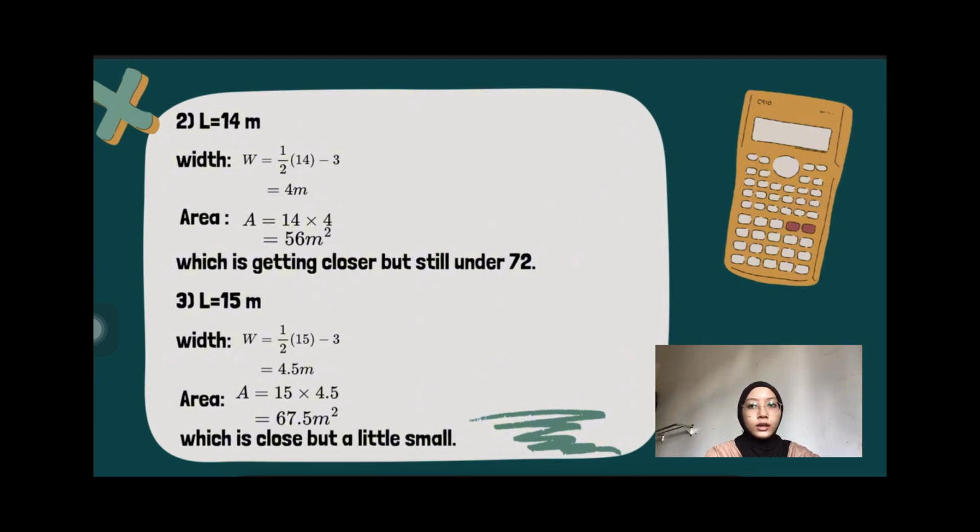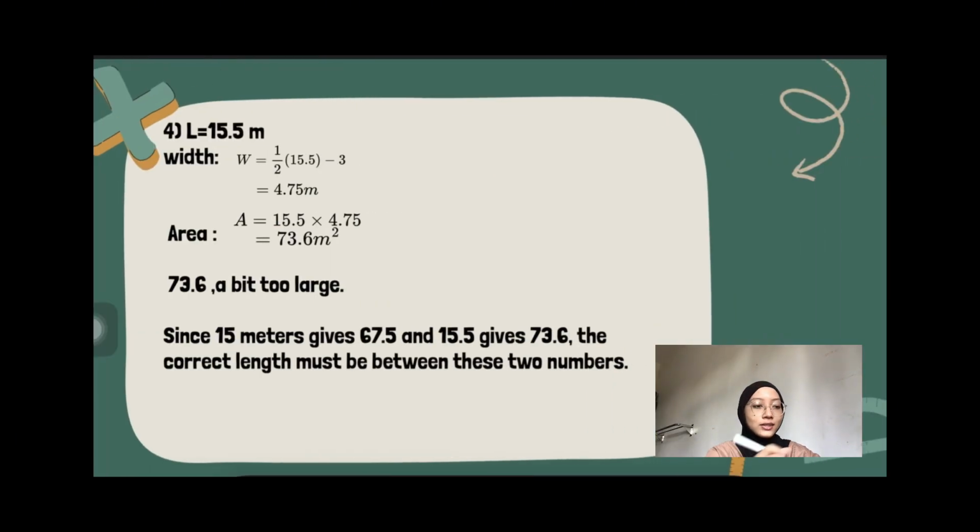For the third guess, we guess that the length is 15 meters. When the length is 15 meters, the width will be 4.5 meters, and the area will be 15 times 4.5 equals 67.5 square meters, which is close but a little small. And again, we need another guess.